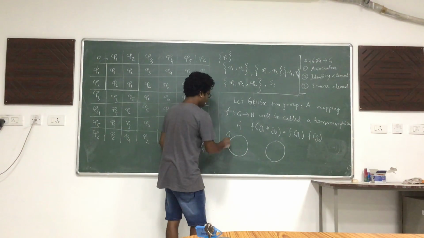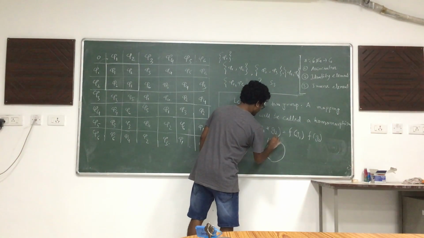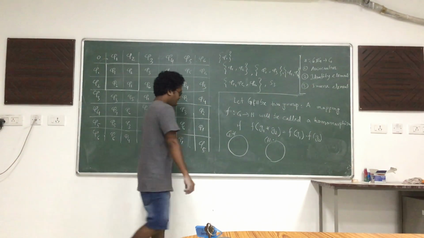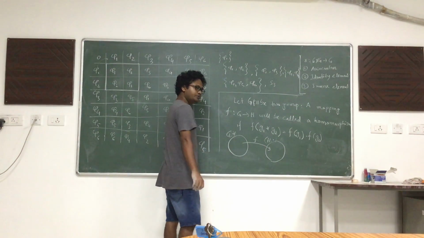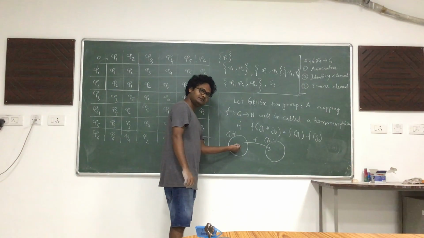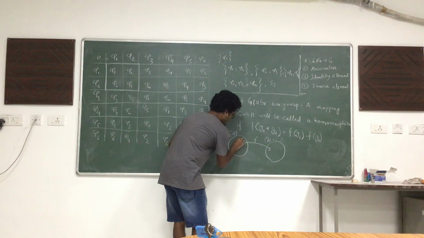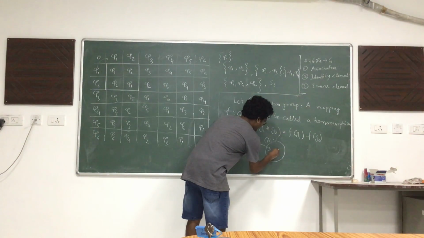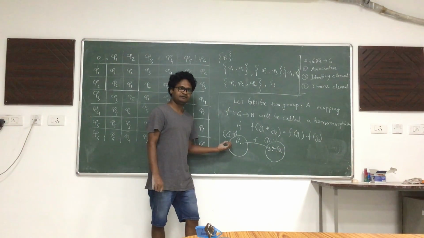G has a binary operation, let's call it star, and H has its binary operation, dot. Now f is a mapping, so it will take an element from G to H, and that element is precisely given by f of g.